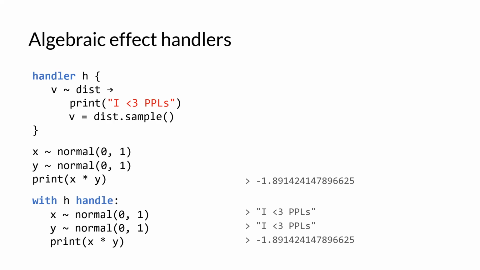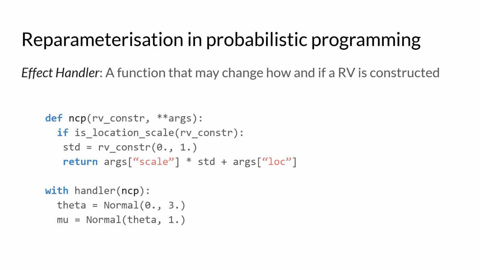Okay. Right. So back to Edward 2 and how we're going to do that. As I said, Edward 2 is based on effect handlers, and the way models are transformed for inference is by passing them through effect handlers that transform the model to something that evaluates a density.